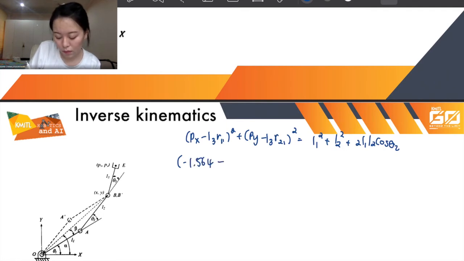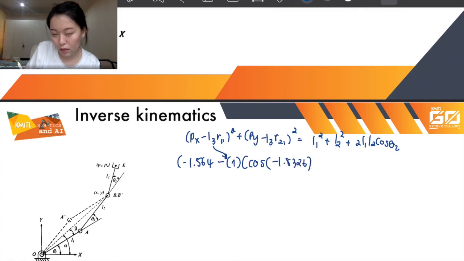Minus 1.506 minus by 1, length is 1, and is cos minus 1.8326 plus.